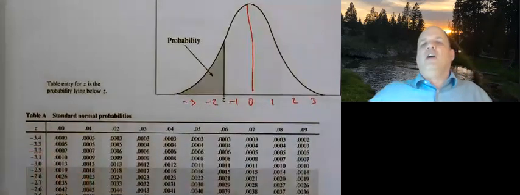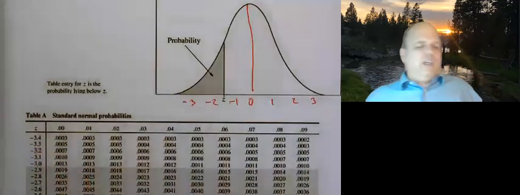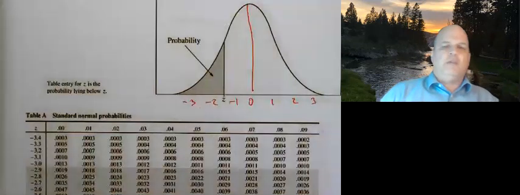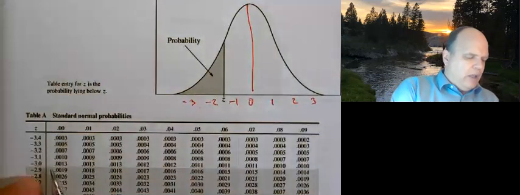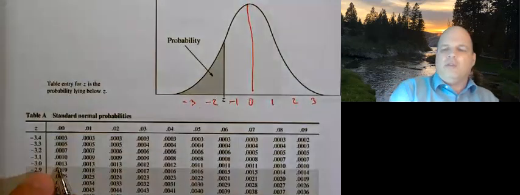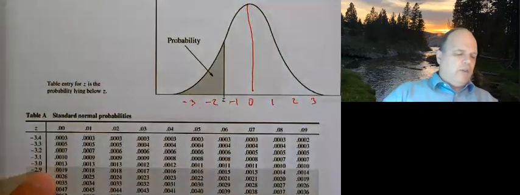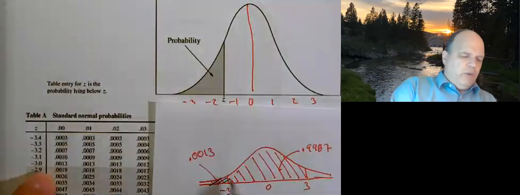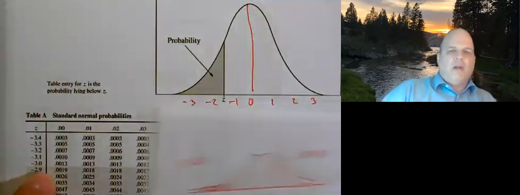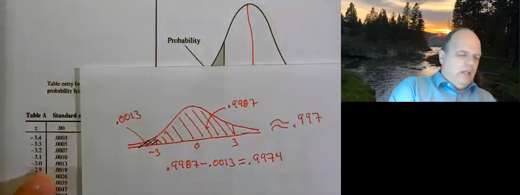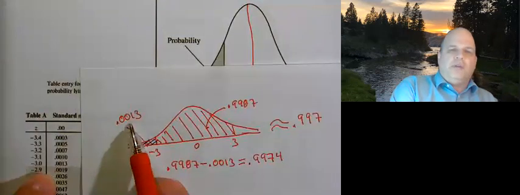Technically, it goes on to infinity, but like we said, 99.7% lies within plus or minus 3. And you're like, well, where did they get that? I look at -3 and I see 0.0013, and I actually drew that out.